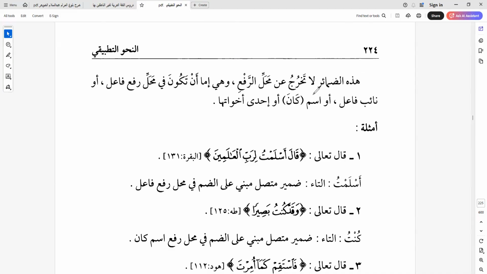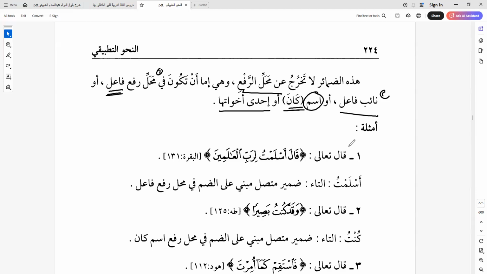They are not analyzed outside the context of محل الرفع. وهي إما أن تكون في محل رفع فاعل or نائب الفاعل or اسم كان أو إحدى أخواتها. So this is the situation. These ضمائر can be in محل الرفع فاعل or نائب الفاعل or it can be اسم كان.